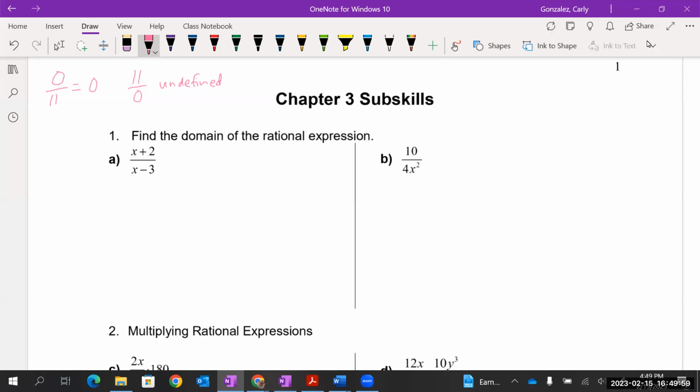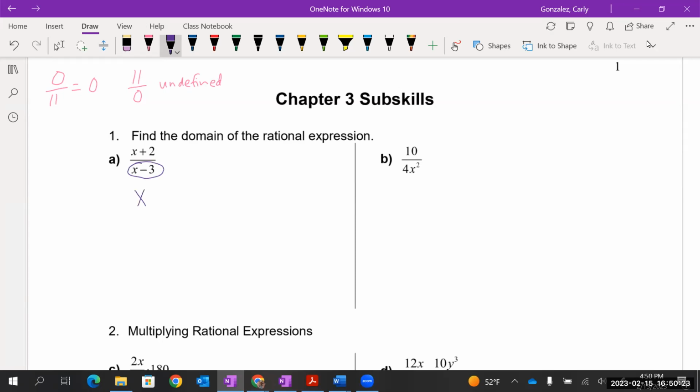So essentially, when we're trying to find the domain of a rational expression, we're trying to make sure that the denominator does not equal 0. So in this situation, the x plus 2 is not risky for us. The only thing we have to focus on is the denominator x minus 3.